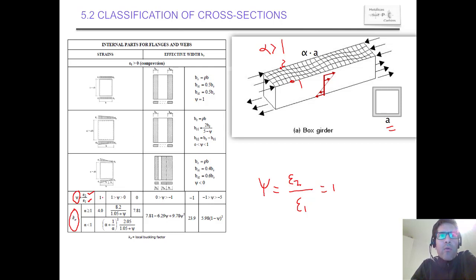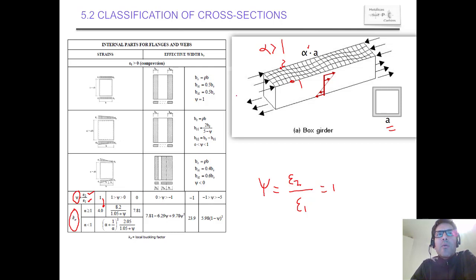So we now have that psi equals 1, and since alpha is also greater than 1, we can read from the table that the value of k sigma is 4. That's the definition. Of course, it comes from a mathematical solution, but we don't need to know it here. You just use the mathematical solution.